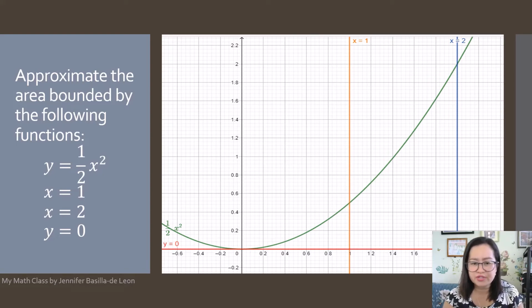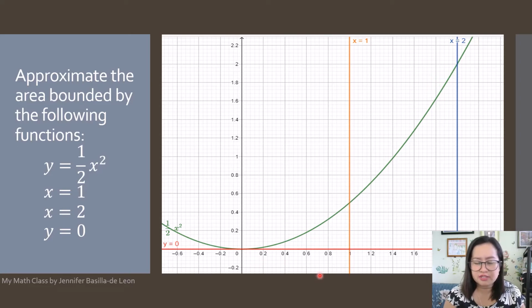We have the green curve representing the function y equals 1/2 x squared. The vertical line is x equals 1, and the blue vertical line is x equals 2. Whereas y equals 0 is represented by the red horizontal line.